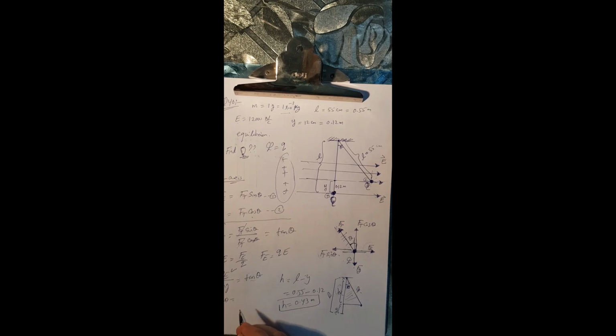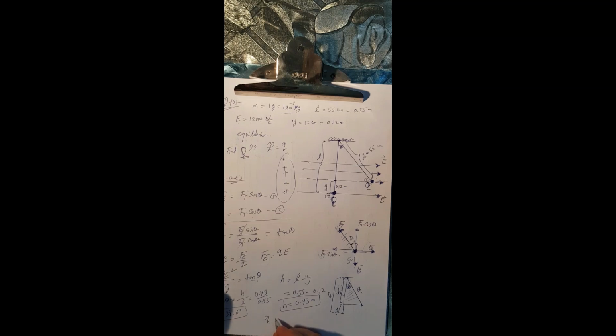Cosine theta is H over L, 0.43 over 0.55, and you take the inverse, you find that theta equals 38.6, nearly 6 degrees.